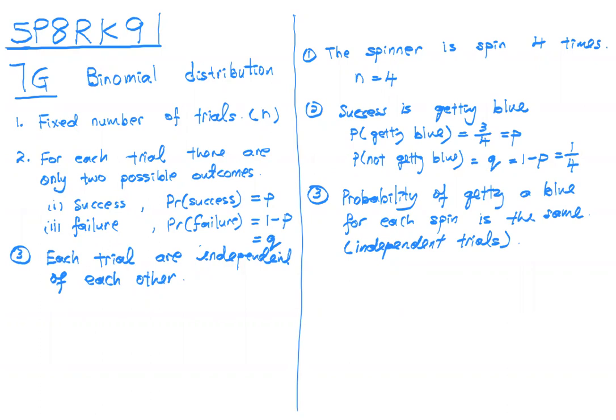After you got all this, you are going to define your variable X. So here you can write each round is independent of each other, which means the probability of success is the same for each trial.